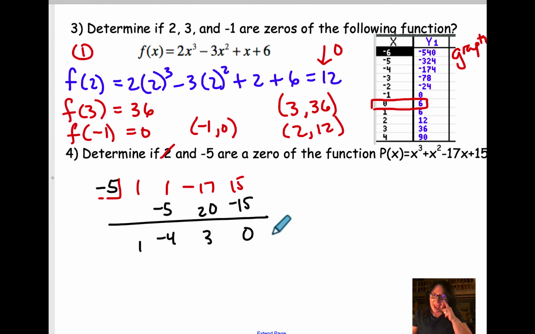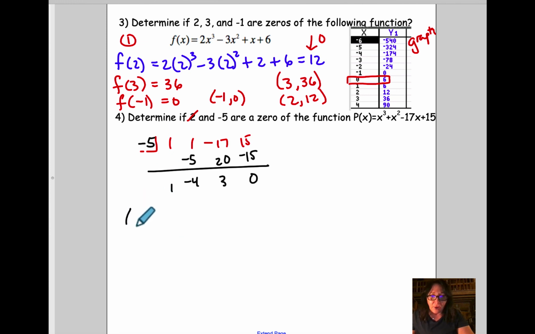Yes, it's a 0. And if, as a matter of fact, I wanted to know what all of my zeros were, I would then finish factoring this, right? Because I know that in this problem, x plus 5 is a factor. Even though negative 5 is a 0, x plus 5 is a factor.